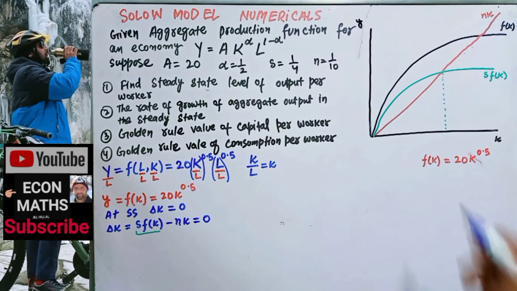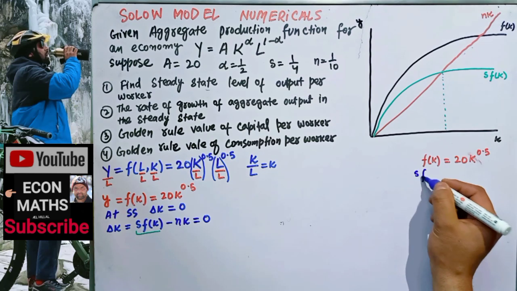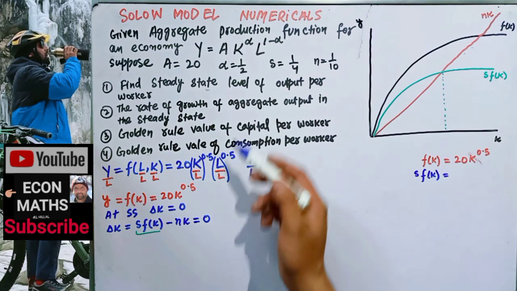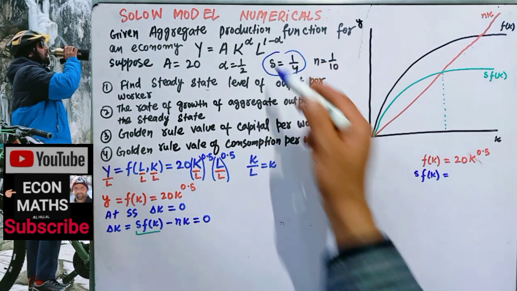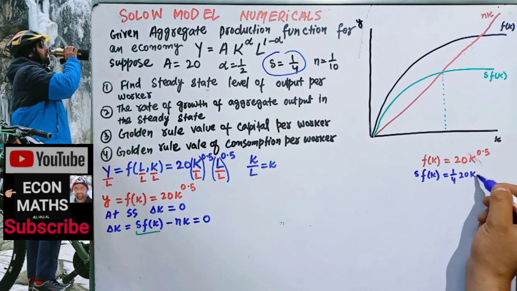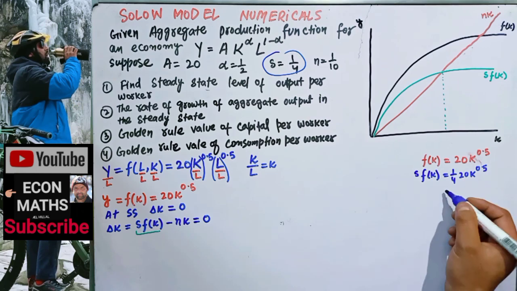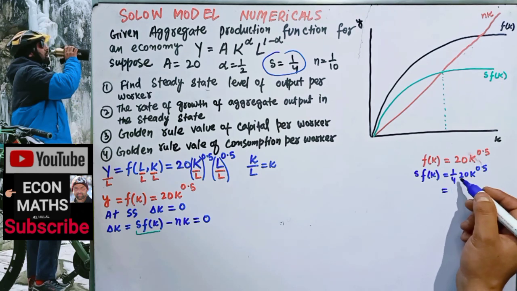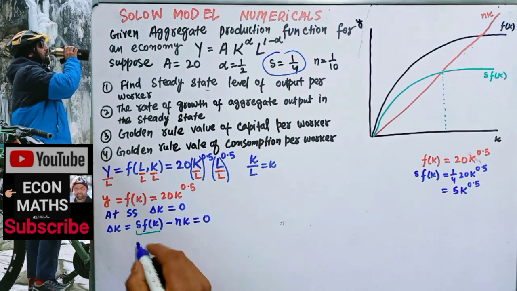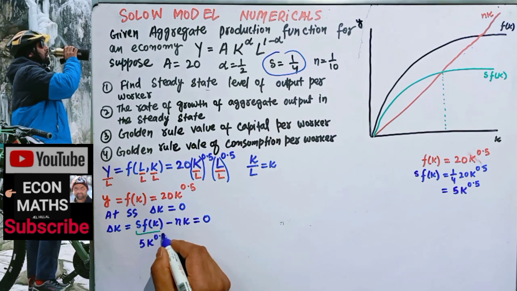Now s f(k), where the savings rate is given as 1/4, so we can write 1/4 times 20 k to the power 0.5. So s f(k) becomes 5 k to the power 0.5, since 4 fives are 20.